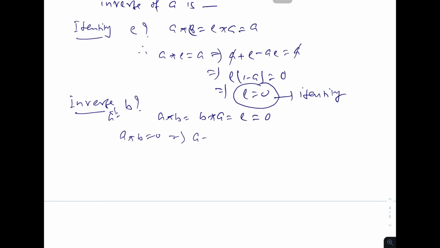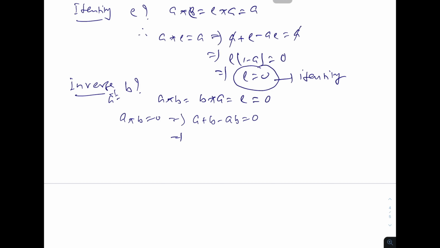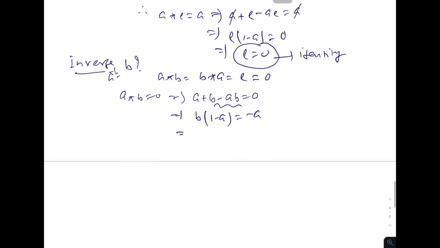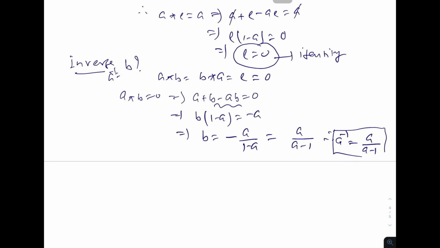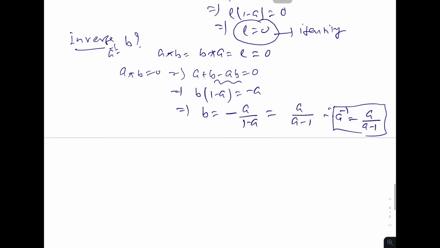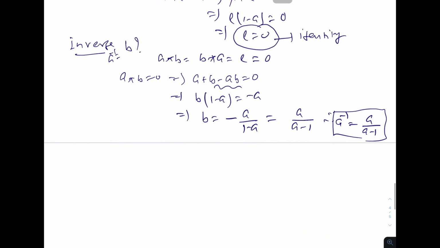So a plus b minus ab equal to 0 will imply, say, b into 1 minus a equal to minus a. So you can have b equal to minus a upon 1 minus a, or you can have a over a minus 1. So a inverse equal to a over a minus 1. So that you need to take care. Okay. Next let us see.